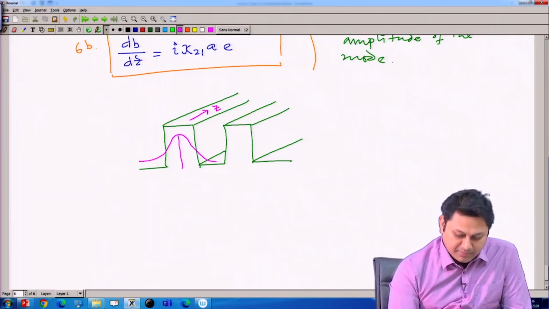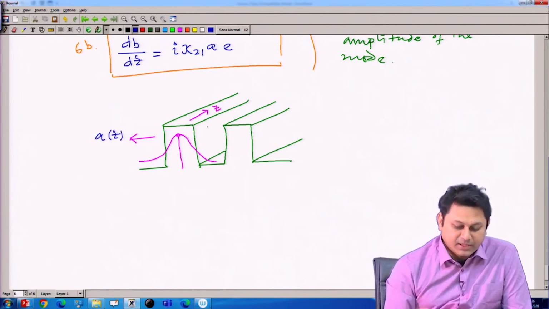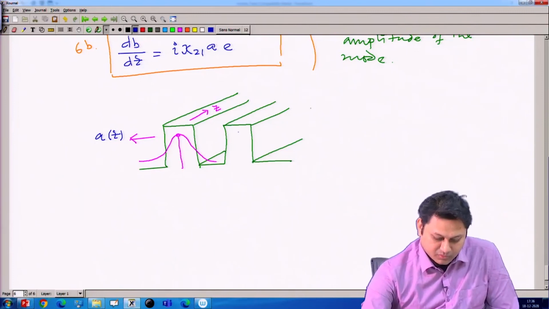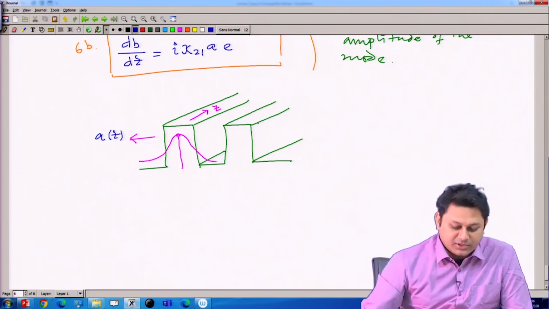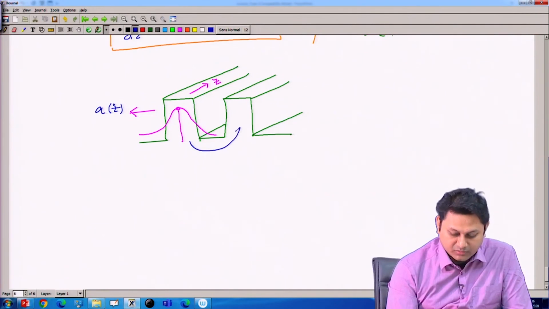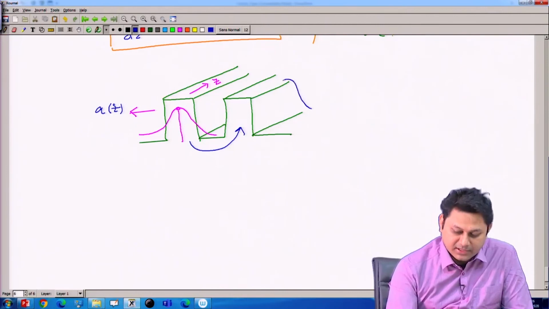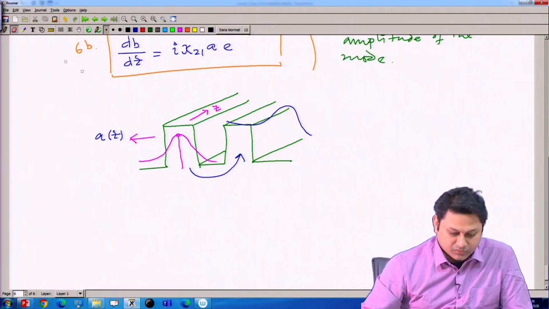So, this is the amplitude I am talking about, which is a function of z, and this amplitude is going to change over the distance z. There is a possibility that some of the energy can pass from this waveguide to this one, and at a certain distance I can have a field structure like this here. My drawing is bad here, so let me erase this.